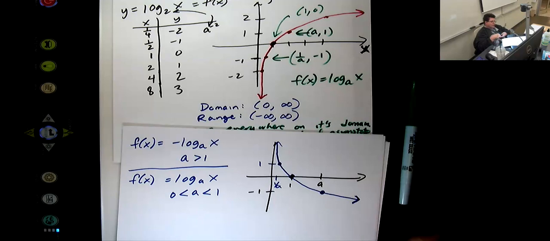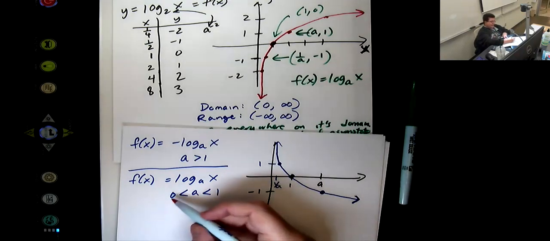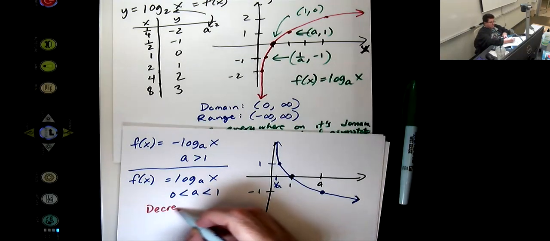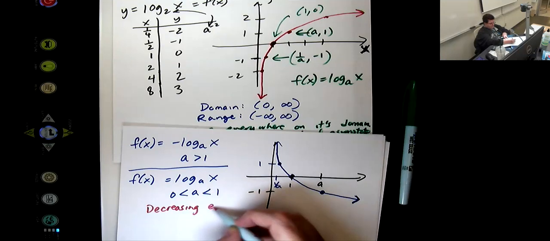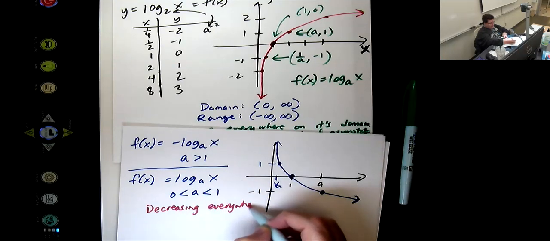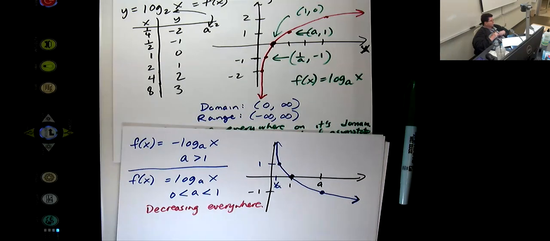The only real change on this one is that it's decreasing everywhere. The point in between 0 and 1 on the x is 1 over a.